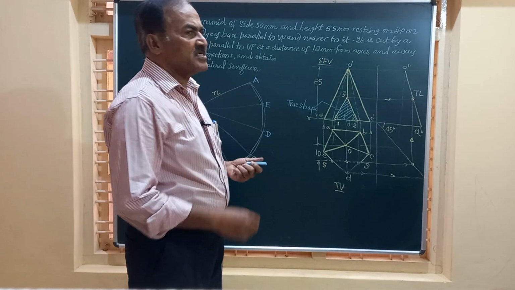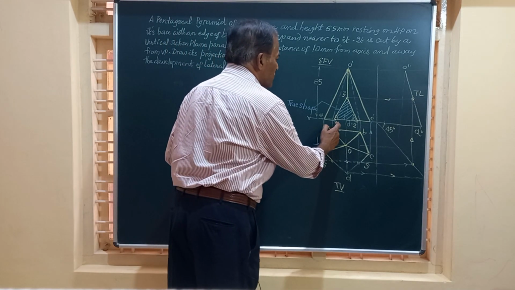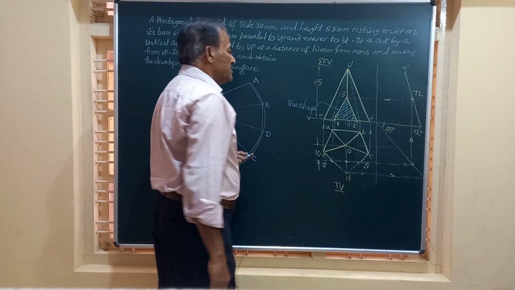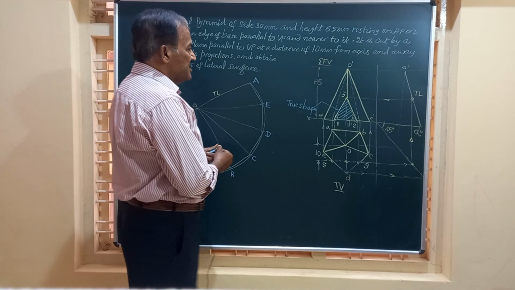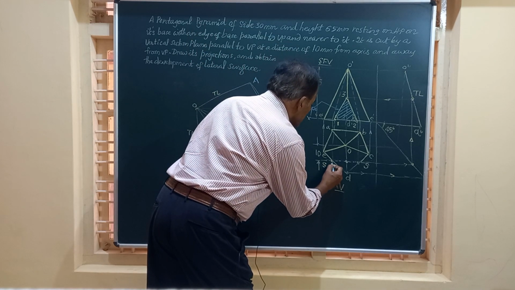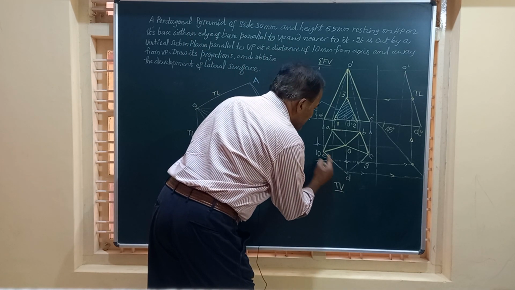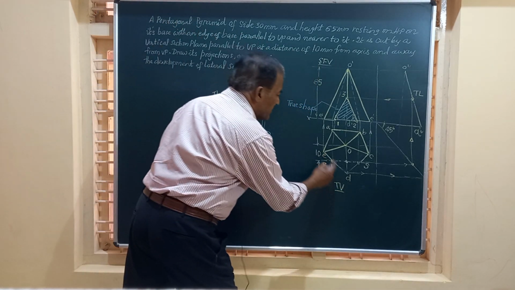Friends, on this development, we need to have only 3 points which are marked as 1, 2, 3. So friends, how to mark them? Friends, if you see this, point 1 is on ED of the base edge. So this is a 2 dimension.